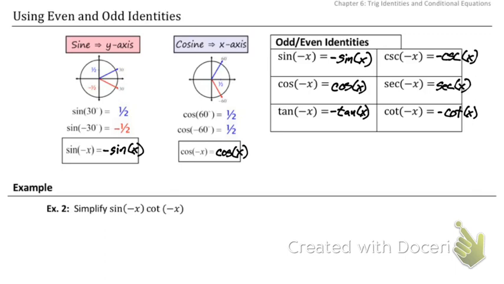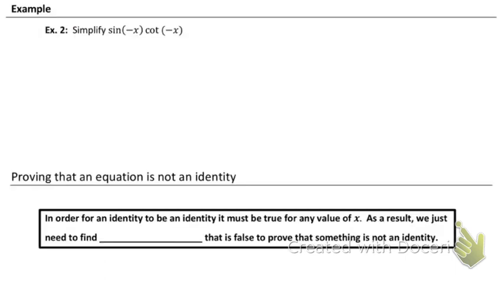All right, an example of this. It says simplify sine of negative x times cotangent of negative x. None of our identities have negatives in them. That's why we have to use this odd-even thing to pull our negatives out or get rid of them completely. So sine of negative x, you pull that negative out front, and you do the same thing for your cotangent.